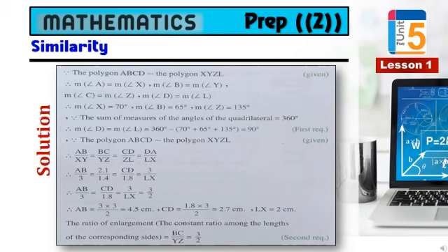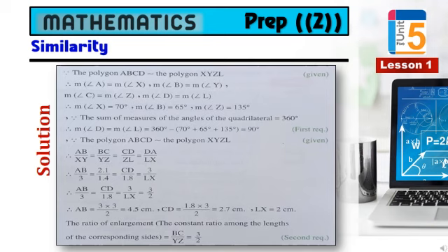And the measure of angle B equals the measure of angle Y equals 65 degrees. And the measure of angle C equals the measure of angle Z equals 135 degrees.